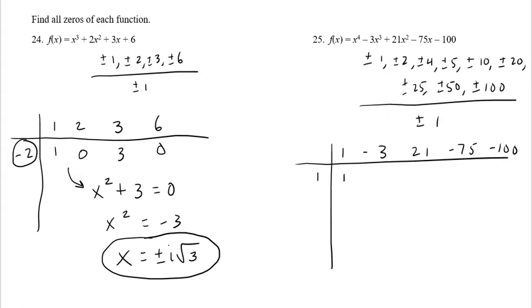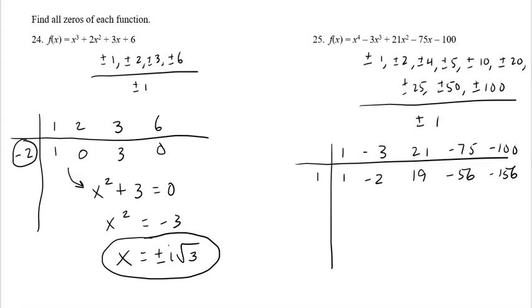Okay, so let's see, you can start with 1. 1 times 1 is 1, plus -3 is -2. -2 times 1 is -2, plus 21 is 19. 19 plus -75 is -56. Well, I can tell I'm not going to get 0 out of this. -56 plus -100 is -156.